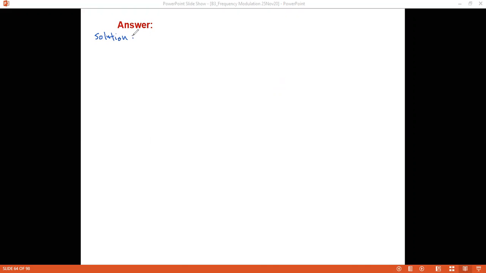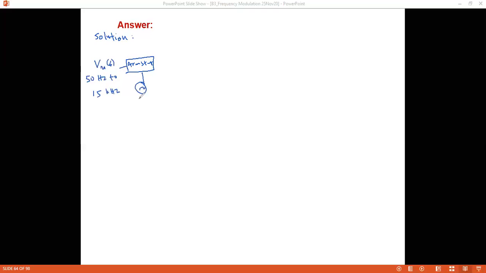We're going to use Armstrong, so you need to show in your narrowband FM that it's Armstrong. This is our local oscillator generating the frequency for the Armstrong modulator, and our message signal is between 50 hertz to 15 kilohertz.